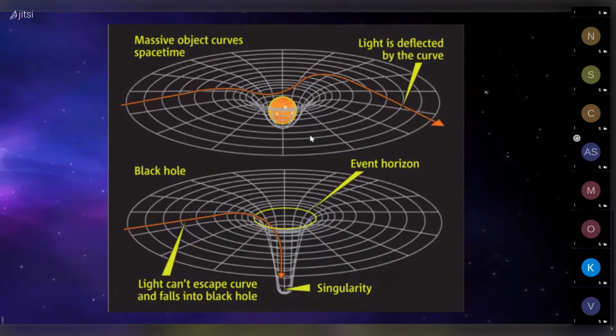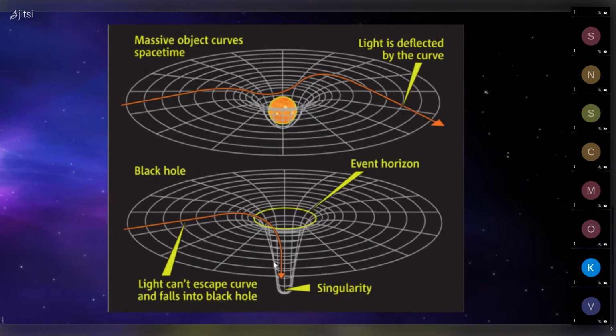In this image, you can see that if there is some other object, consider any star, it bends space-time a little bit. And what does light do? If light is passing near that object, due to the curvature of space-time, light, which follows the geometry of space-time, bends and is deviated. This is what happens if there is a normal star present.